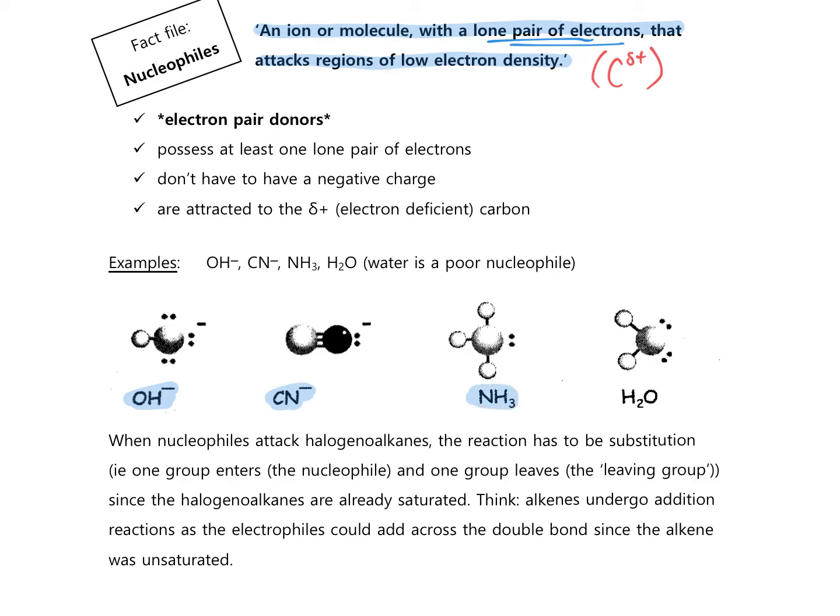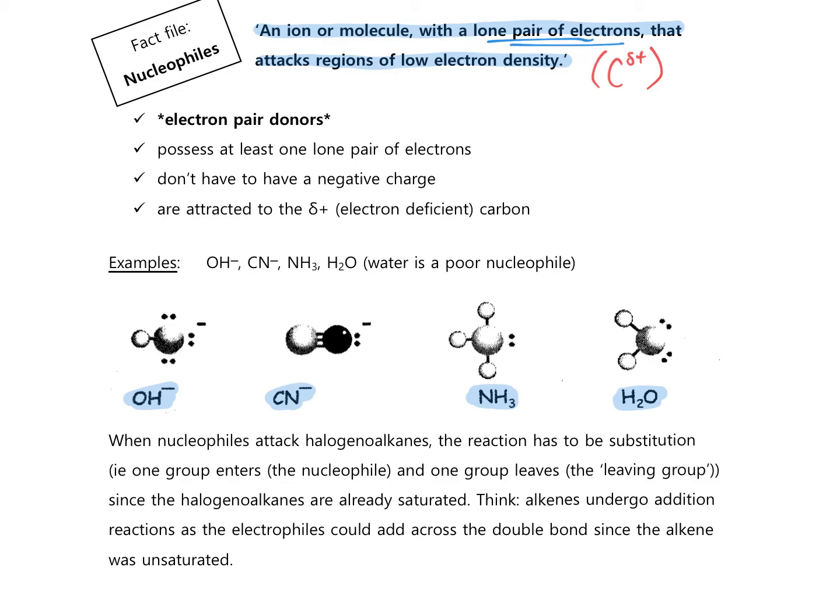Ammonia, you can see, is not negatively charged. It's NH3. But it does have a lone pair of electrons, so it can act as a nucleophile. And then water can as well, H2O, it can act as a nucleophile, but it's not a very good one.